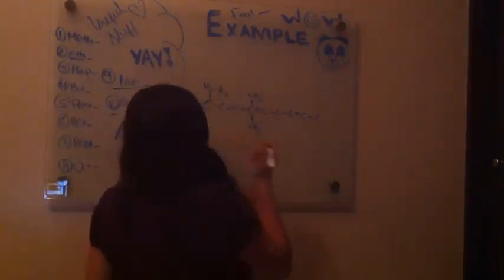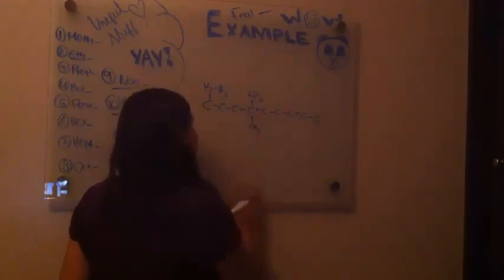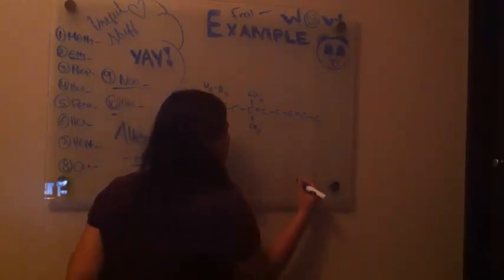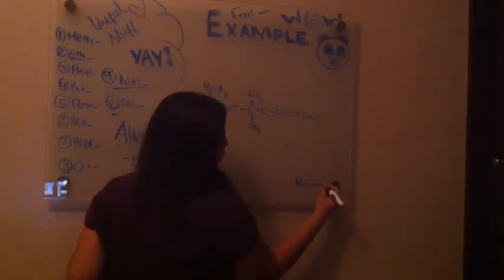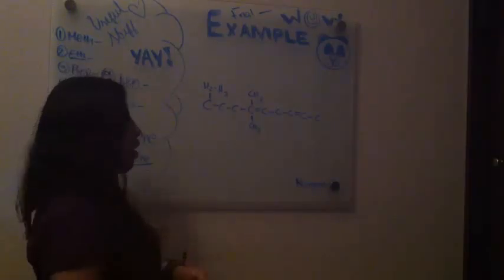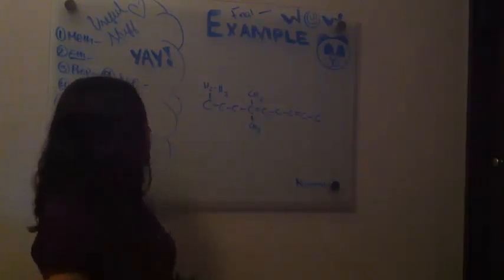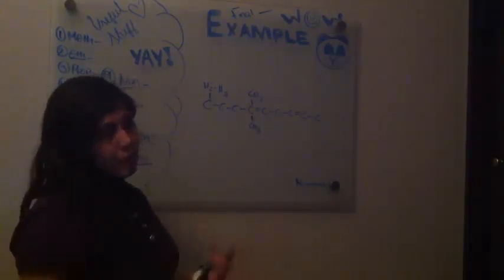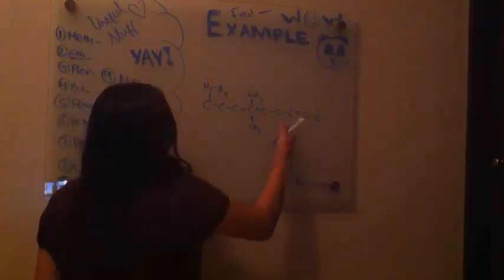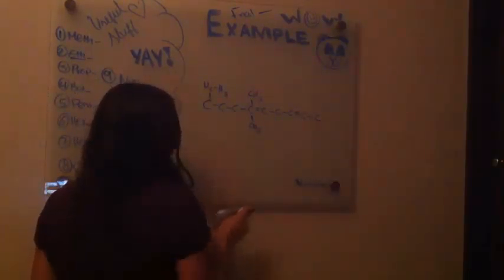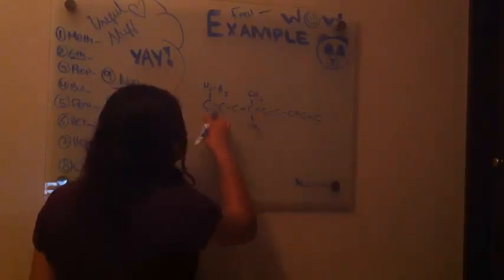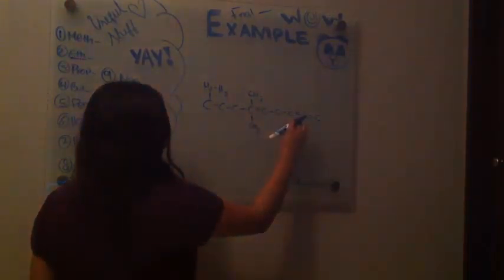Okay, so I will use the last way to put the name. So I will put non in the name. Now, where are the branches? Our chain is numbered from the end closest to the double bond. Here, no. Here, yes.